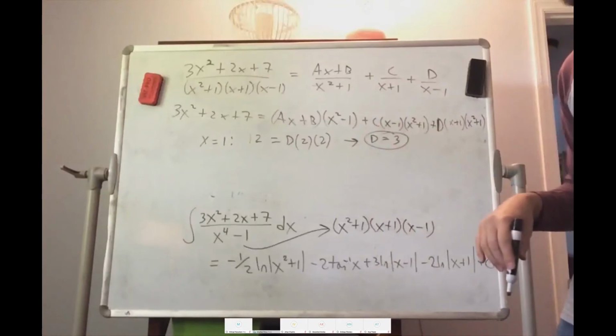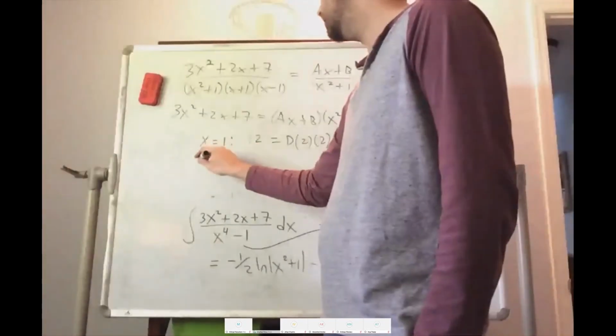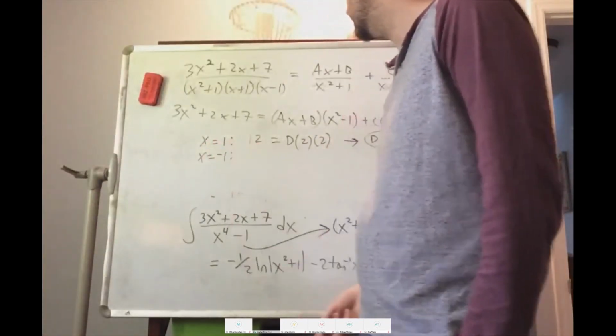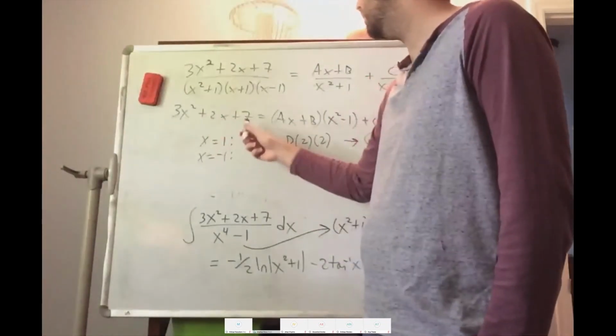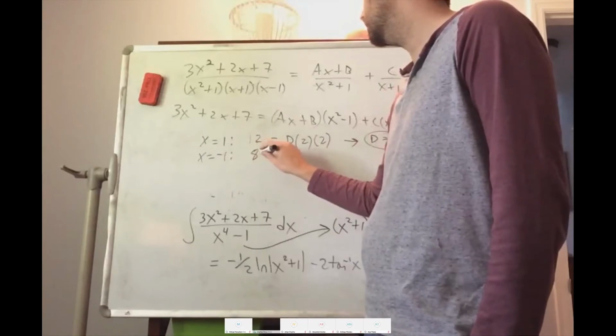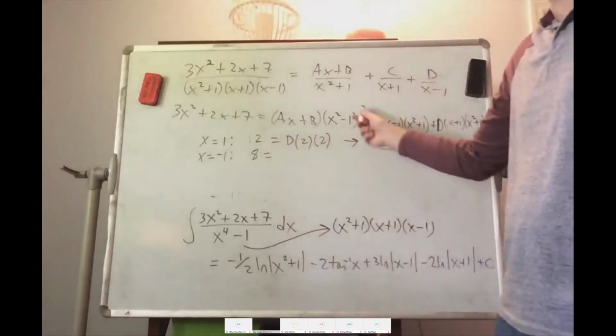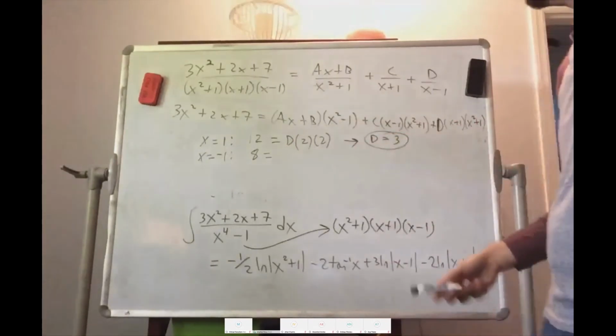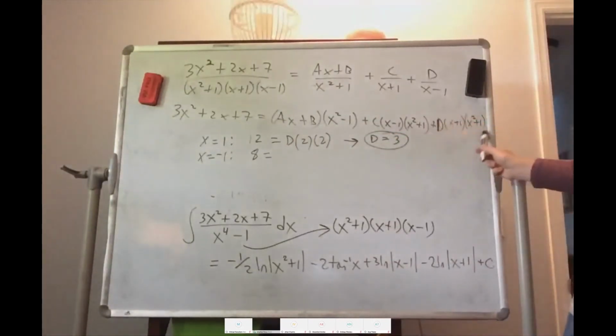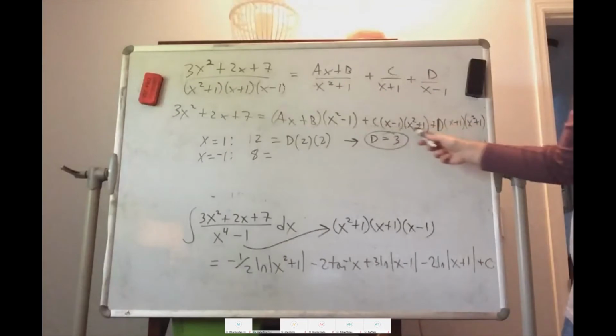So that's 1 down. If I plug in x equals -1, I'll get another one. So I get 3 minus 2 is 1, plus 7 is 8. This gets knocked out again, right? Minus 1 squared is 1, 1 minus 1 is 0. The d term gets knocked out, and all I'm left with is the c term.